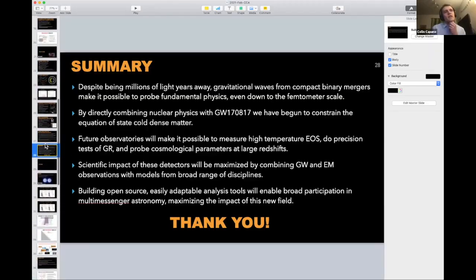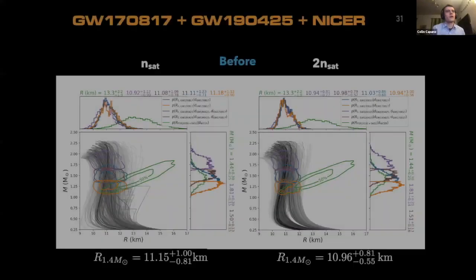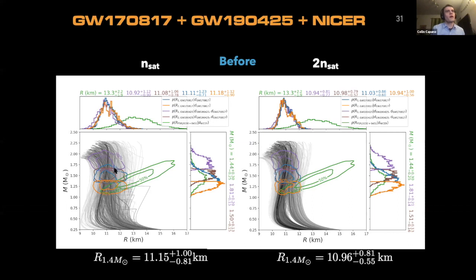The short answer is you don't get that much better, because that signal was a bit weaker, and so we weren't really able to measure the tidal parameters that well, so the constraints aren't that much different. This plot here, if you ignore the green thing, shows the constraints we got where I folded in both 170817 and 190425, and they're essentially the same, because that particular one wasn't that much stronger.